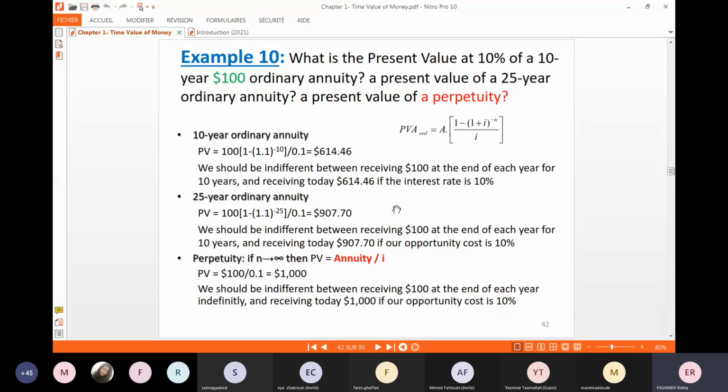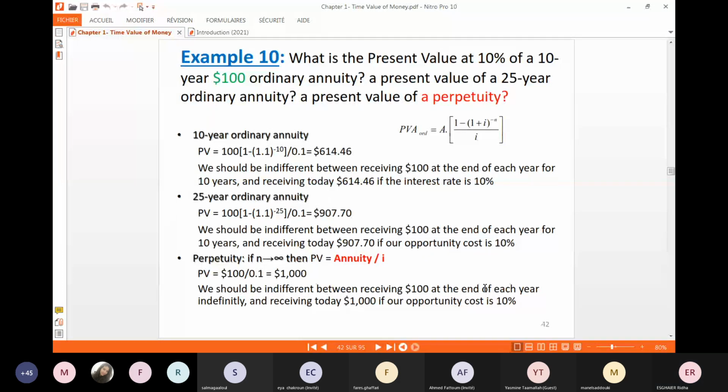If we require each year a return of 10%, the required rate of return, what is the maximum amount we will accept to pay today? This is equal to 614.46.